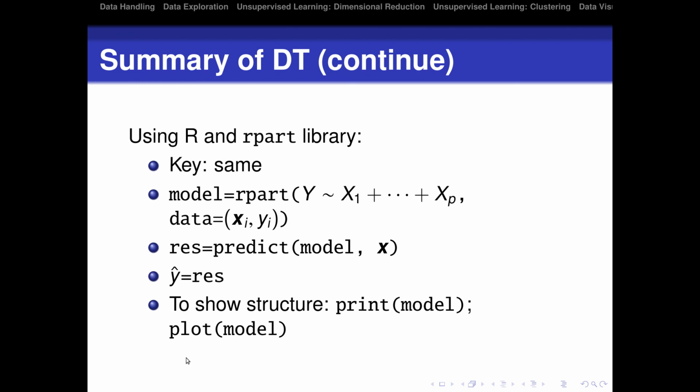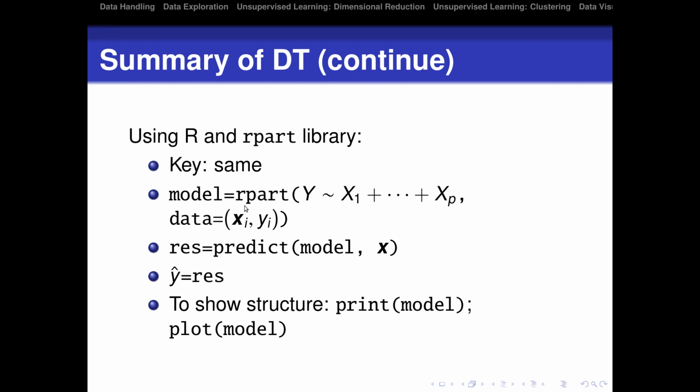Another more popular and more powerful library is the R partition library, rpart. The key is the same: all these y and x could be numeric, and they can also be categorical.